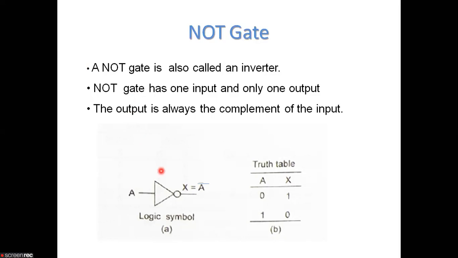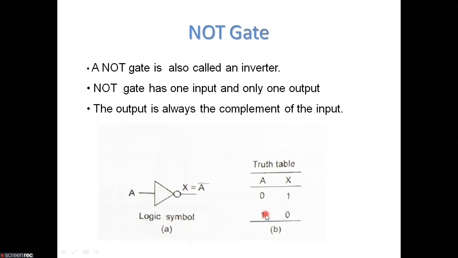Now this figure shows the logic symbol of the NOT gate and the truth table of the NOT gate. The output of the NOT gate is logic 1 when its input is logic 0, and assumes logic 0 when the input is logic 1.